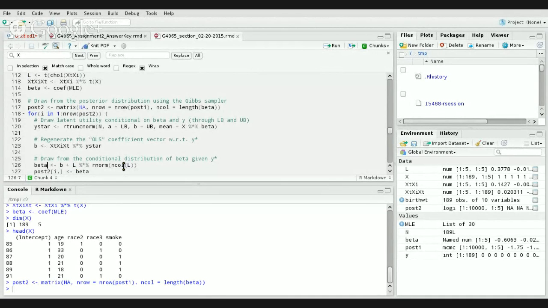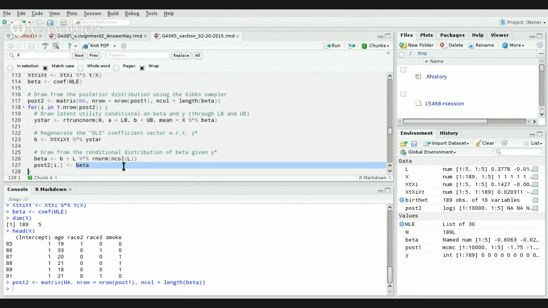Then we get a draw of beta. We need to keep that being called beta because y star is going to need it the next time around. But we want to hold on to whatever that value of beta is at the ith iteration because we want to analyze the posterior distribution.